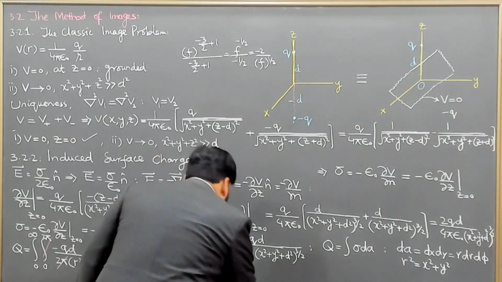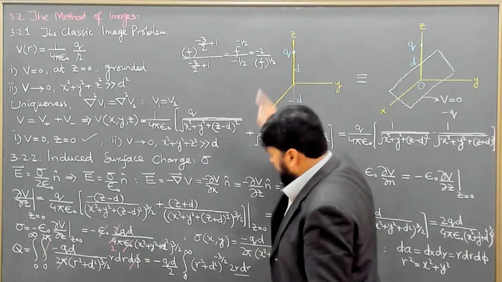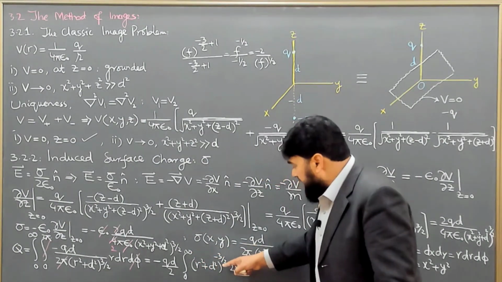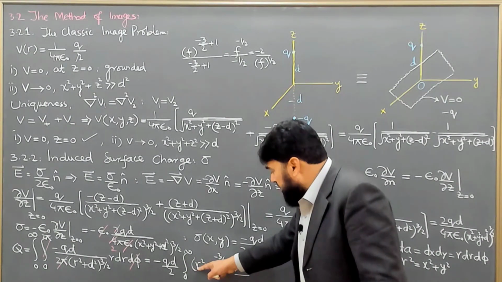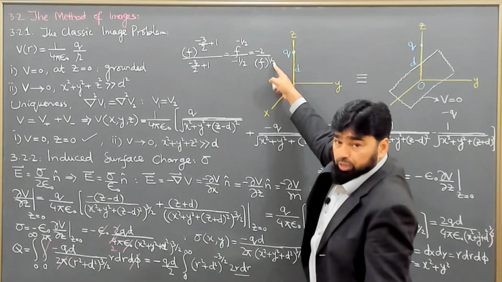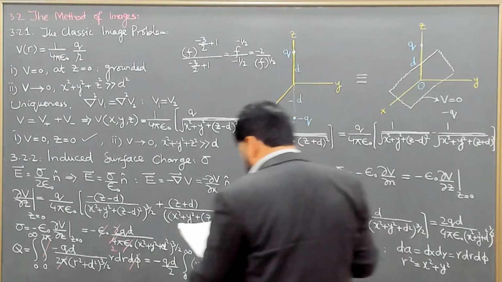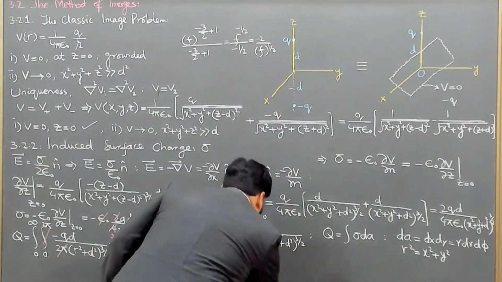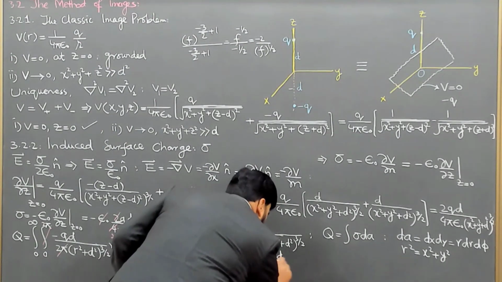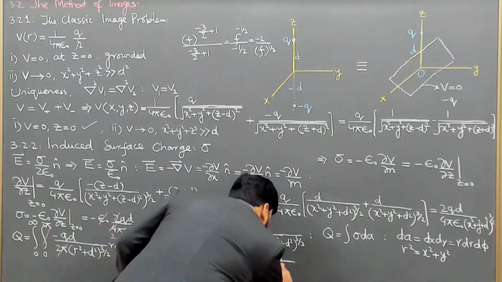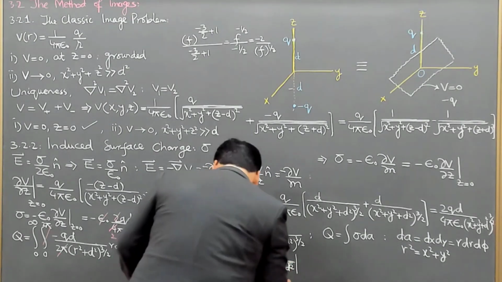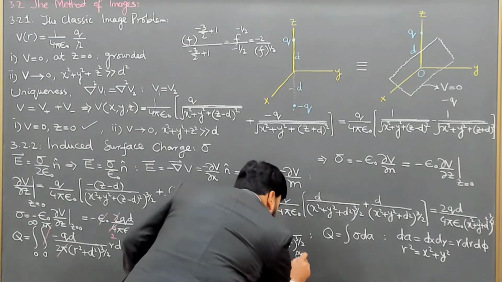First you put the value r equal to infinity in the function, and this will give you 0, and then minus, when you put 0 for r, you have only d square, and d square will cancel with this one, so this comes out to be qd over the square root of r square plus d square, from 0 to infinity.